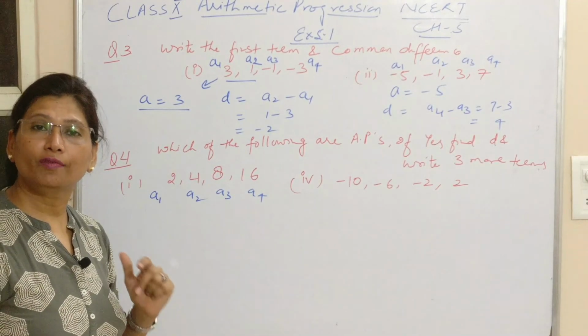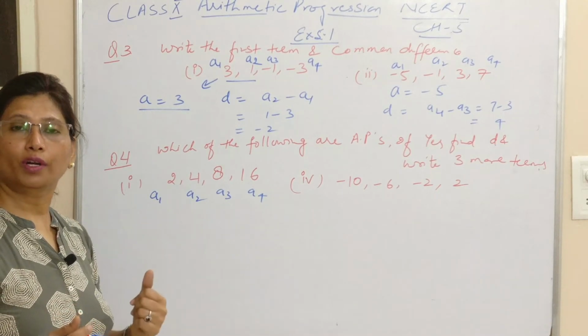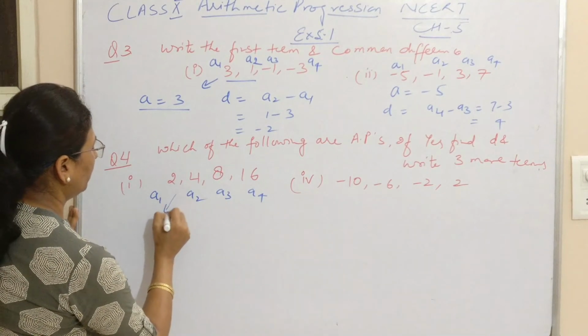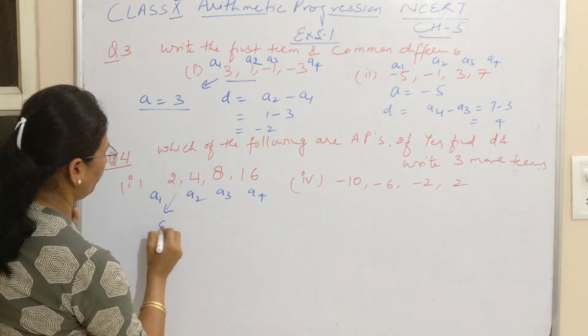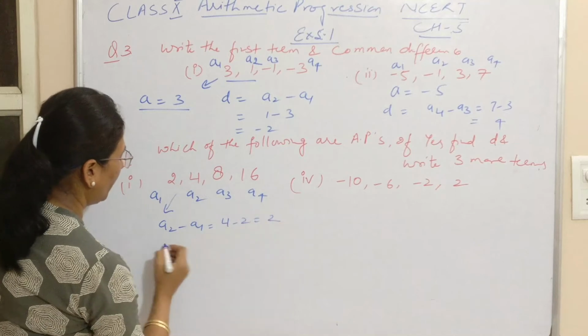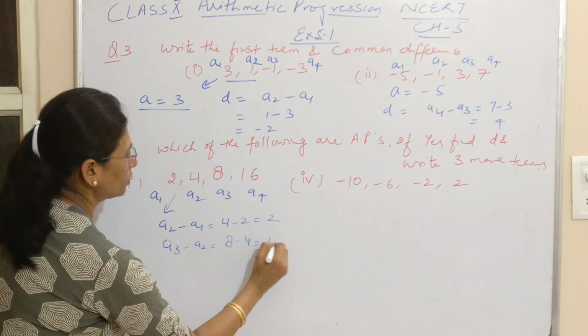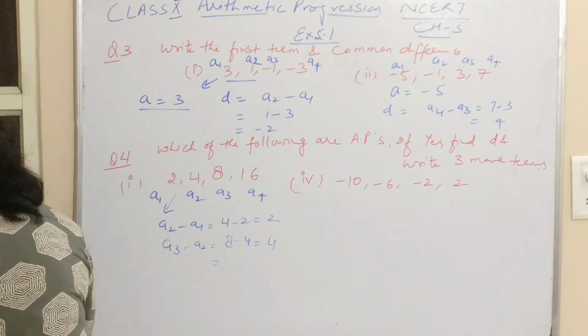If the common difference is the same, then this is an AP. So you have to check the common difference between the first two terms and the next two terms. You will find A2 minus A1, 4 minus 2. This is 2. A3 minus A2, this is 4. No, this is not an AP.